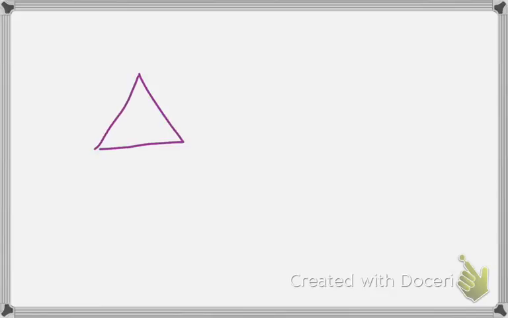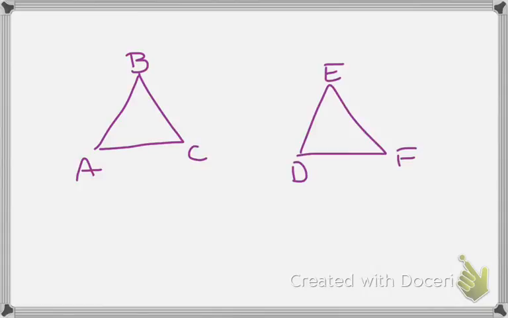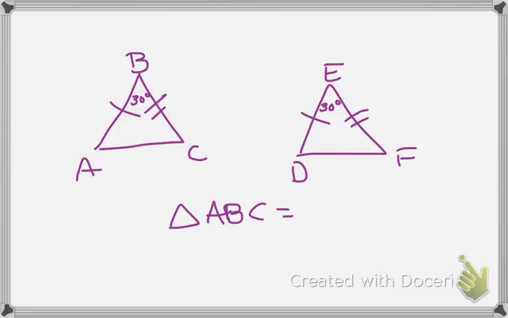Chapter 4, we just talked about congruent triangles. All right. What would make these two triangles congruent? Which theorem? Go back to chapter 4. Which theorem? Why would triangle ABC be congruent to triangle DEF? SAS.